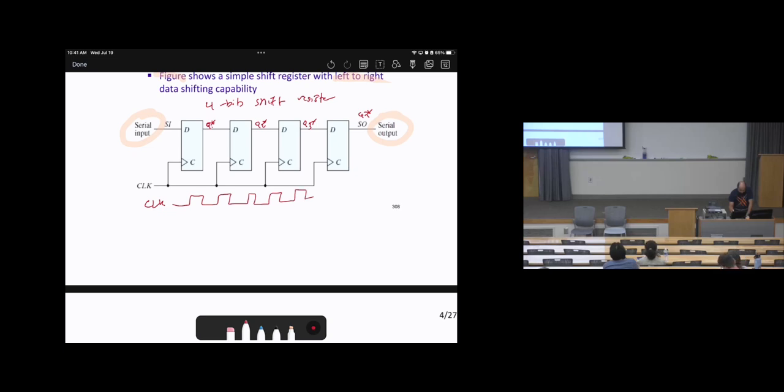One, two, three. And here is the serial input. The serial input starts with 0, then goes to 1, then goes to 0, goes to 1, goes to 0 for the rest. Okay?